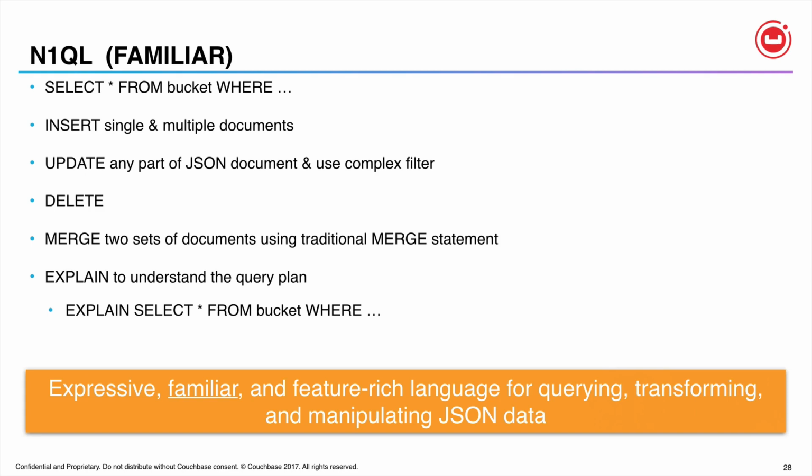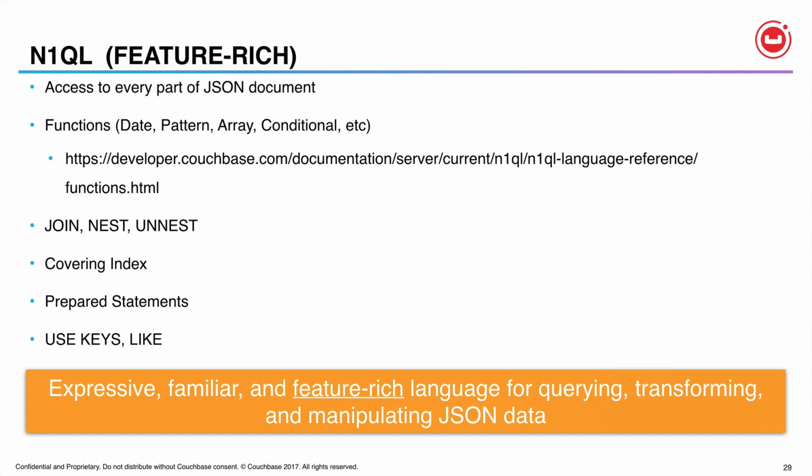You have everything that you would come to expect in SQL. But it's feature rich beyond just SQL. Again, you have access to every part of that JSON document, something that you wouldn't normally see in a flat relational database. You still have the opportunity to do joins between your documents.